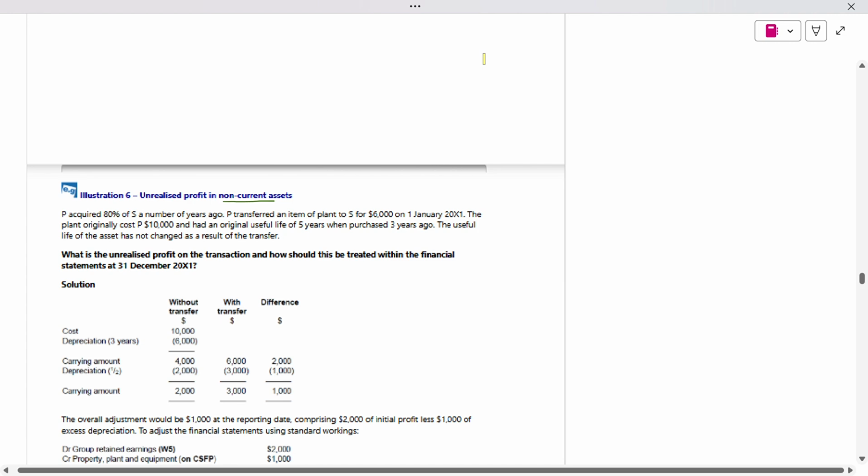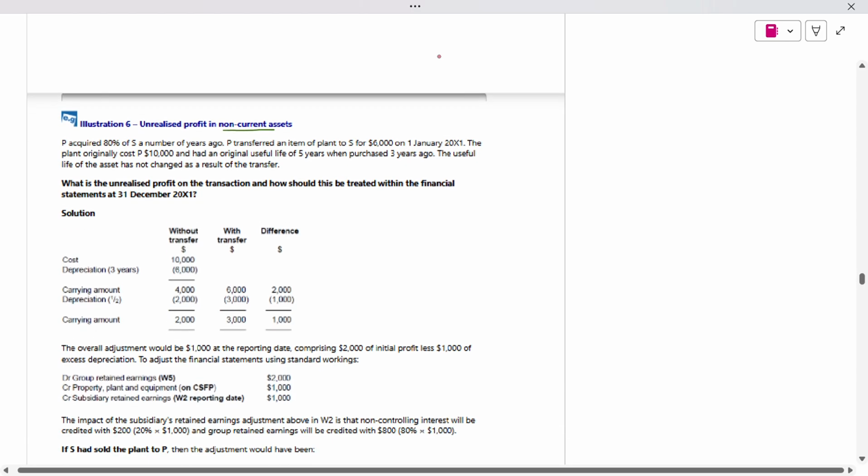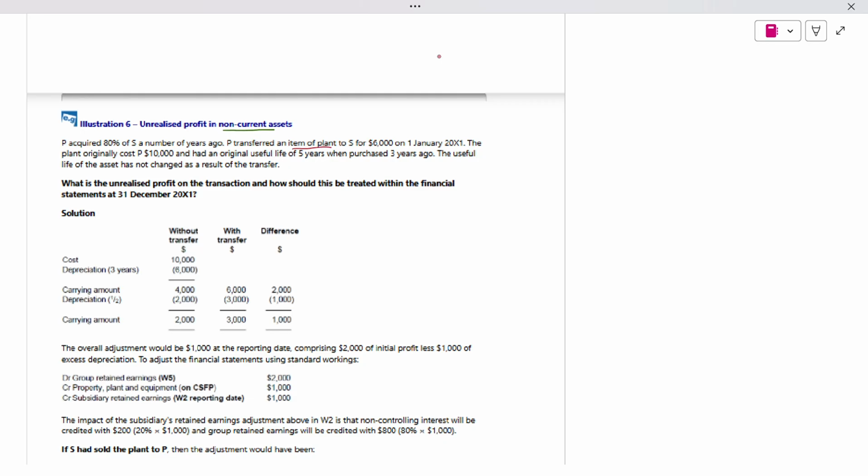Now, what is the P acquired? P, the parent company, acquired 80% of S, the subsidiary, a number of years ago. They transferred an item of plant for 6,000. The original cost is how much? 10,000. The original life of the asset is 5 years when purchased 3 years ago.